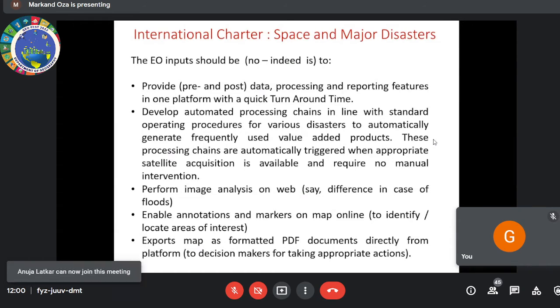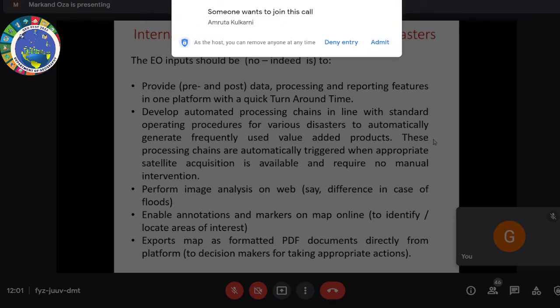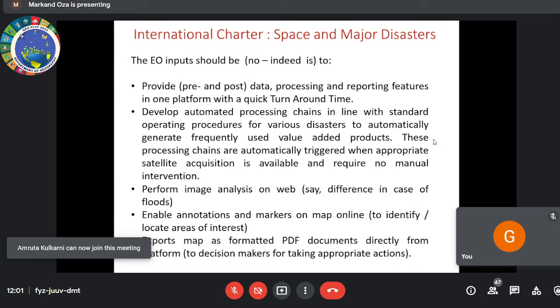There are 17 spacefaring countries who have agreed to share their data and tilt their space resources as and when a natural phenomenon occurs. For example, if there is an earthquake, then the space agencies which operate satellites will try to capture and get the information or data of the affected region. So there is a need to have pre-disaster data as well as post-disaster data.